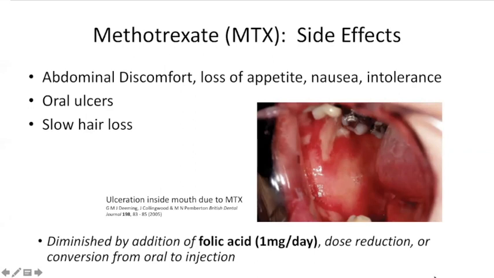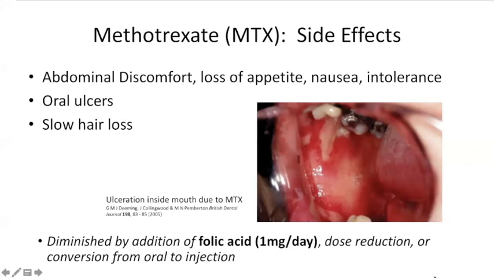And the way that we try and address these side effects is by adding folic acid or folate, usually at a dose of 1 milligram per day as a vitamin, which doesn't have any negative side effects of its own, to help address some of these side effects. And we haven't seen that by taking folic acid it takes away from any of the efficacy or takes away from how well the methotrexate works in juvenile myositis.